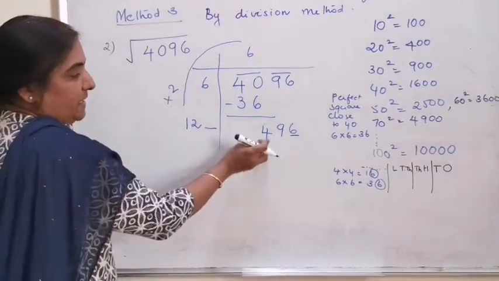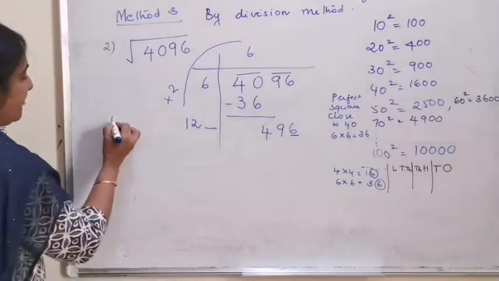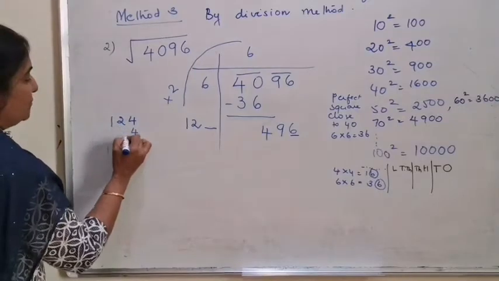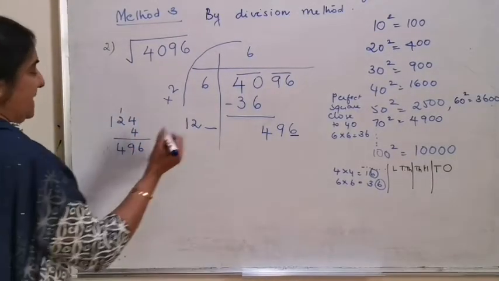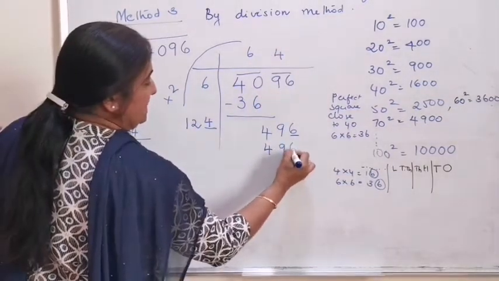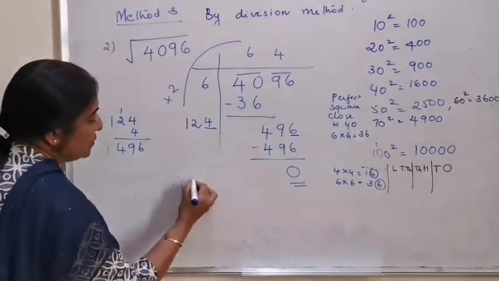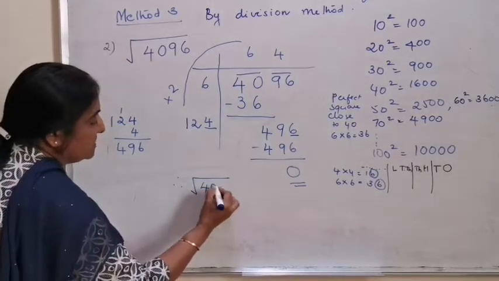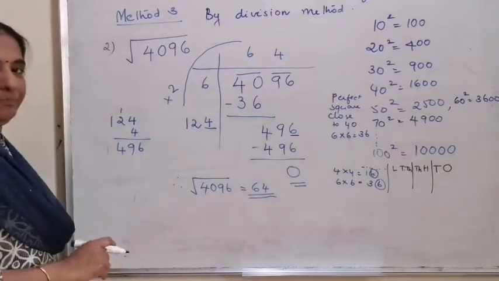You can very well clearly understand that 6 will not be the number. 124 into 4, 4 fours are 16, 496. 496, the subtraction answer is 0. Therefore, square root of 4096 is equal to 64.